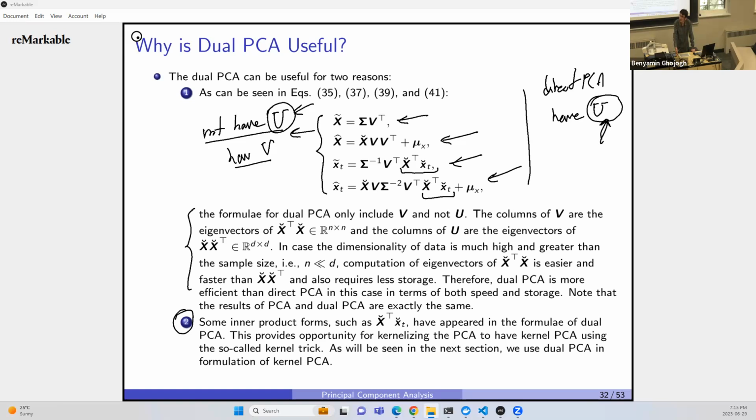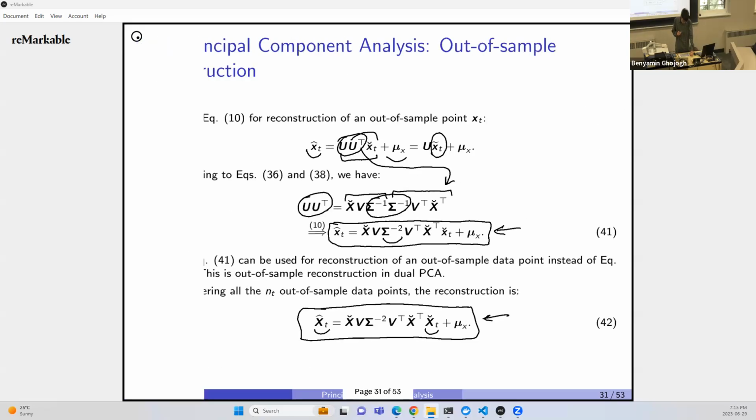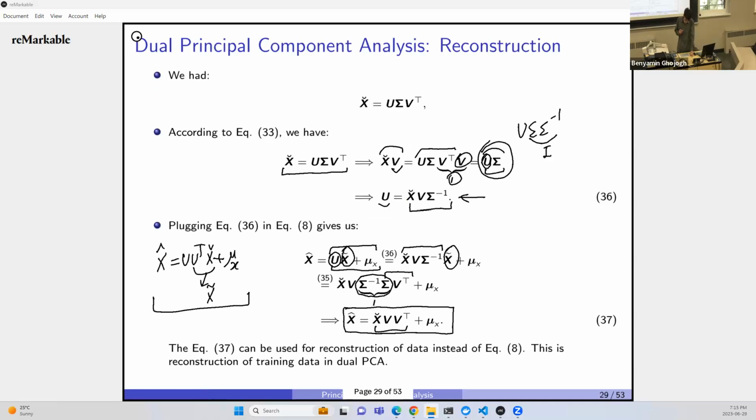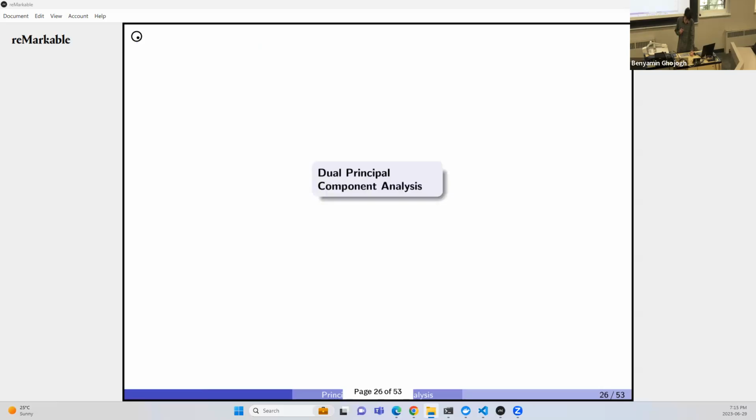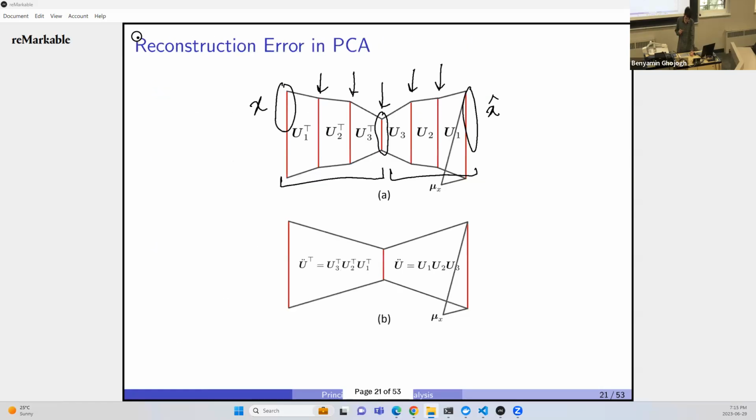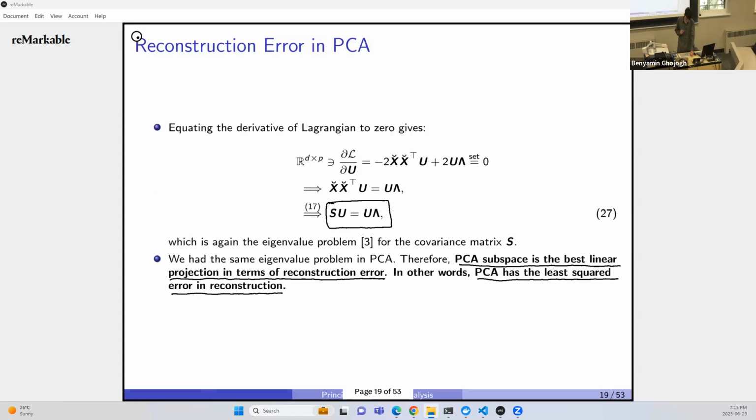Let me recap. In direct PCA, we could do it in two ways. You remember in the previous session we talked about it. Let me go back to show you, because I need to go a bit slowly for you to absorb it. We had PCA using eigenvalue decomposition.